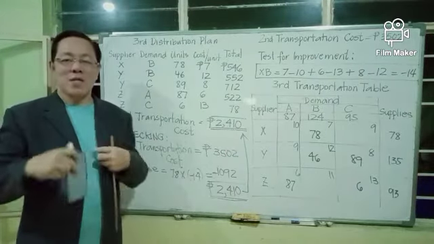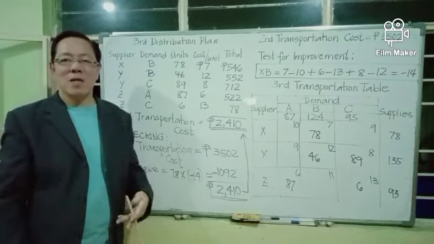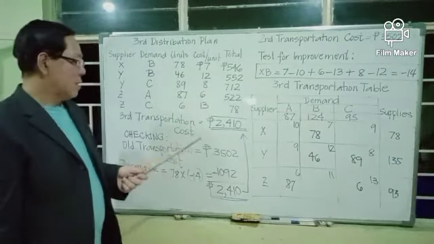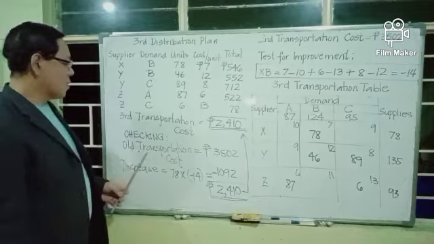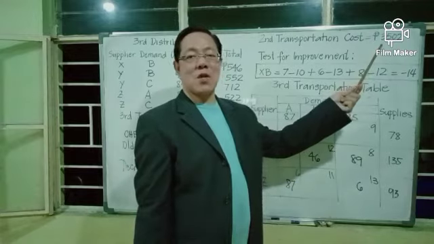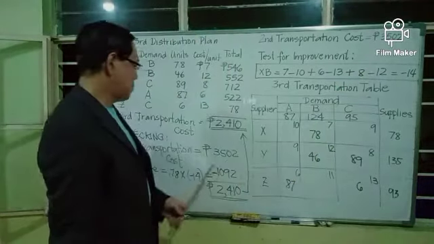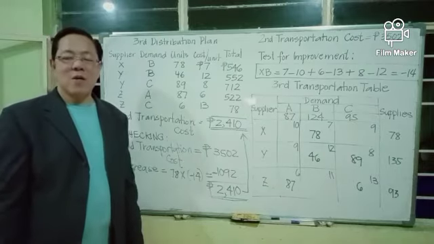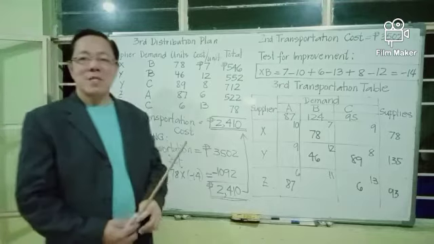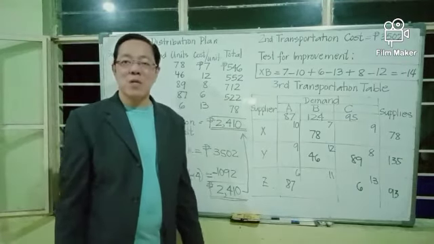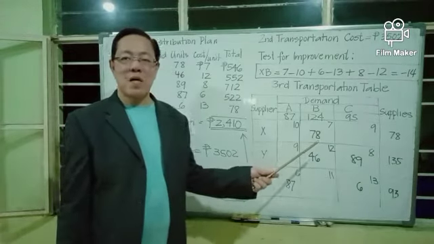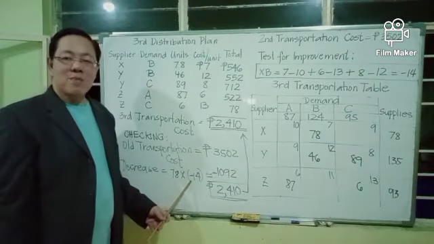We check if the total transportation cost we obtained for the third distribution plan is correct. The old transportation cost is the second transportation cost of 3,502. From our test for improvement, the decrease in transportation cost per unit if we transfer some units to this vacant cell XB is 14 pesos per unit, denoted by negative 14.